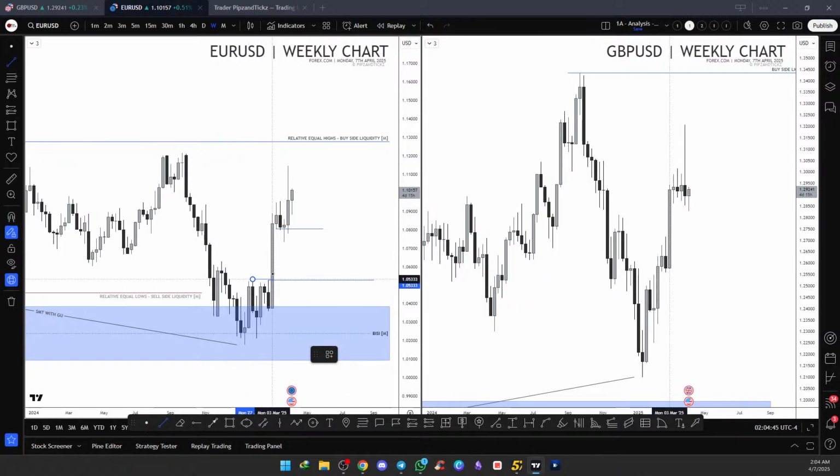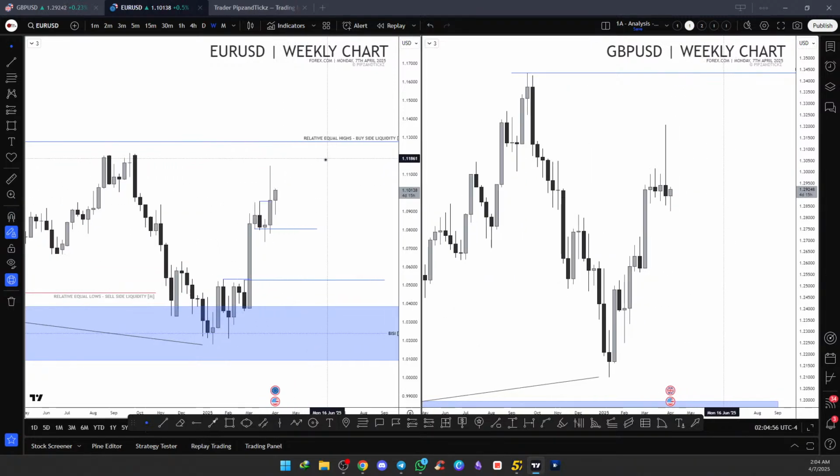See, this buy side liquidity was taken out. This buy side liquidity was taken out again. So these are the external liquidities, and these inefficiencies are the internal liquidities. So the price has already taken the internal liquidity here.